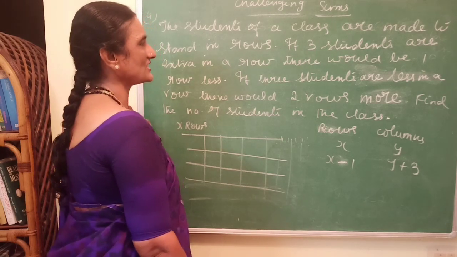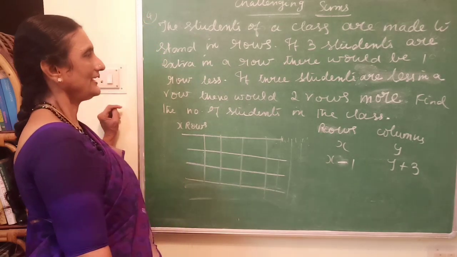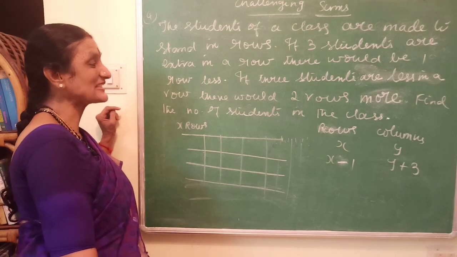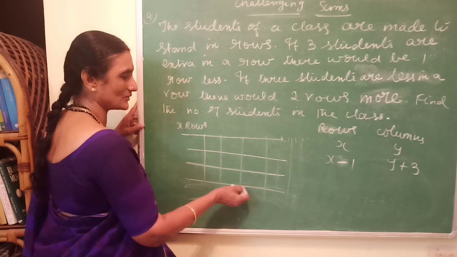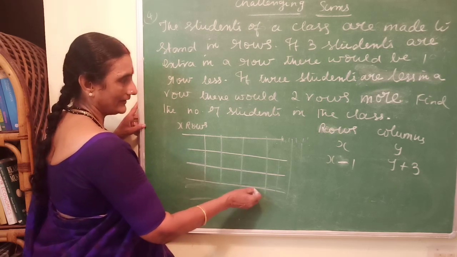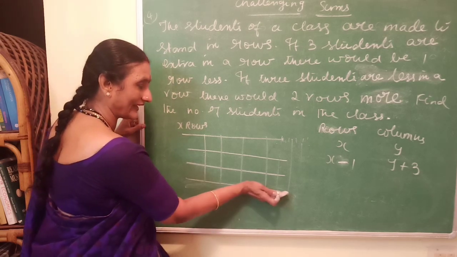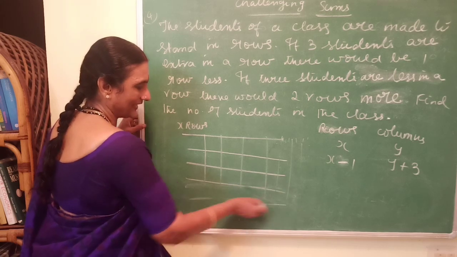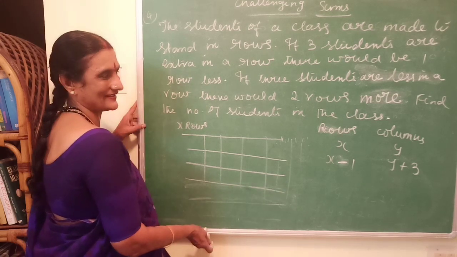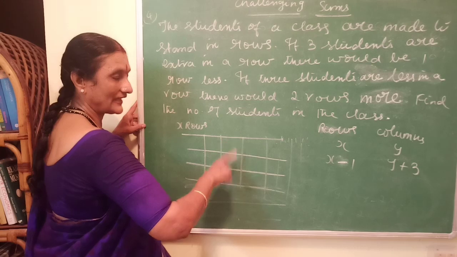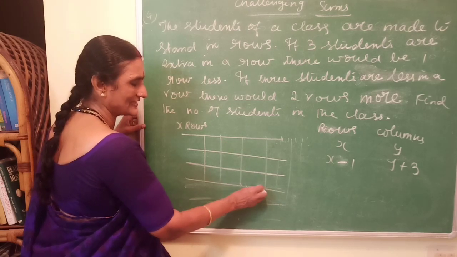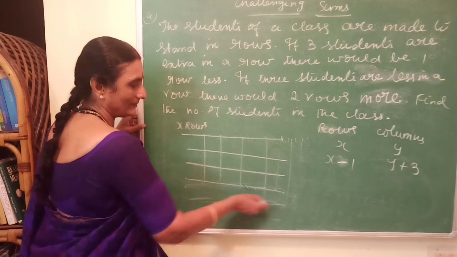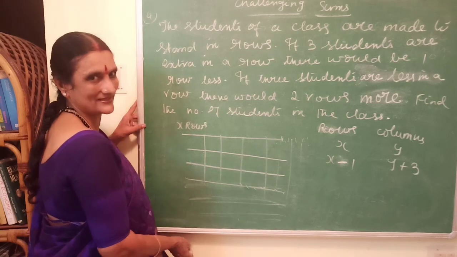Now the second situation is, if 3 students are less in a row. If we are reducing 3 students, in that case we should increase the rows. Correct? If 3 students are less in a row, we are cutting 3 children, so we will be adding more rows.